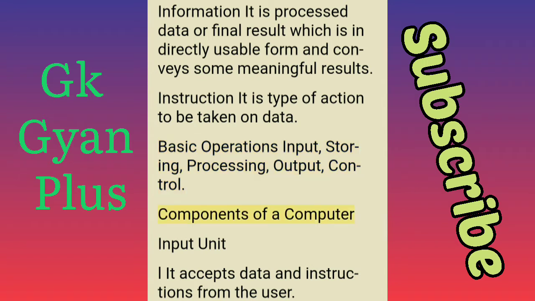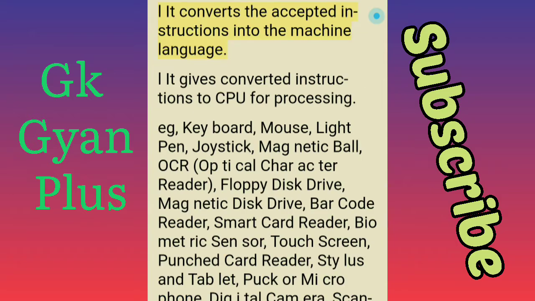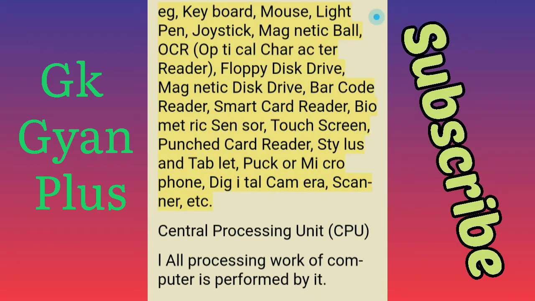Components of a computer. Input unit. It accepts data and instructions from the user. It converts the accepted instructions into machine language. It gives converted instructions to the CPU for processing.